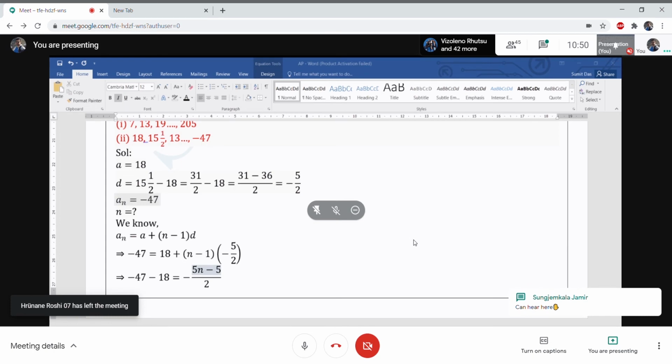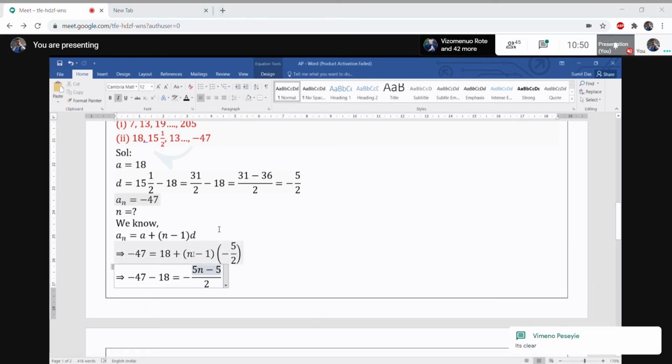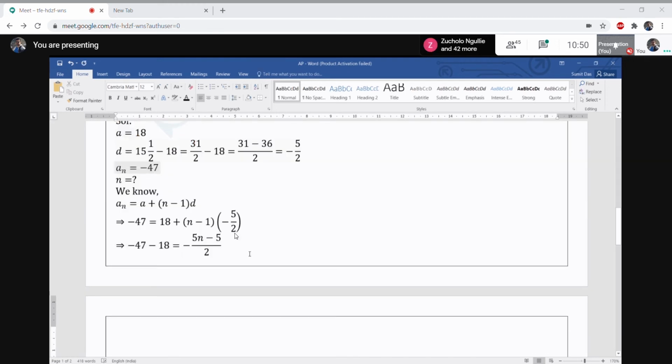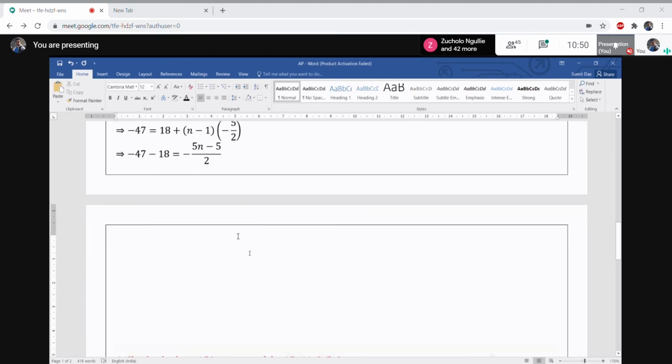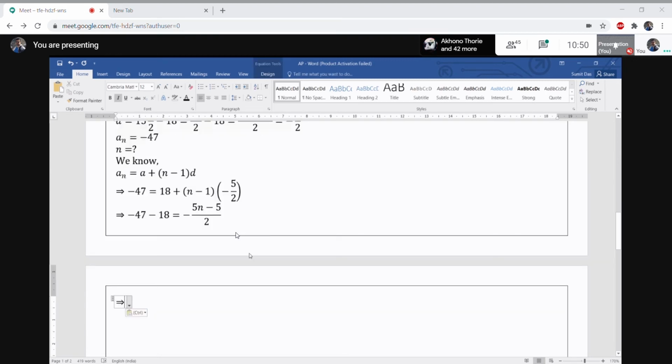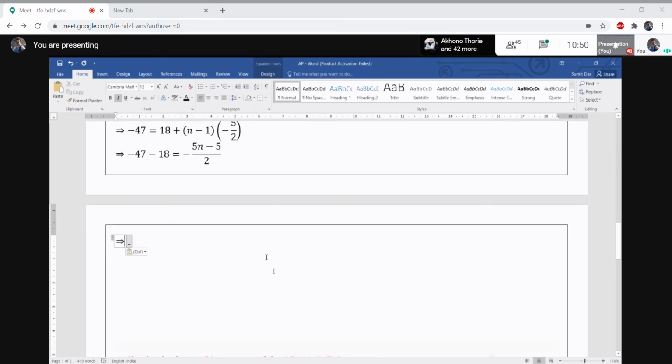Fine. So basically what we did here, I multiplied 5 with n minus 1. First I take 18 to the left hand side, and I'm multiplying 5 into n minus 1. So it is 5n minus 5 in the numerator and the denominator is 2. Next line: minus 47 minus 18, how much?